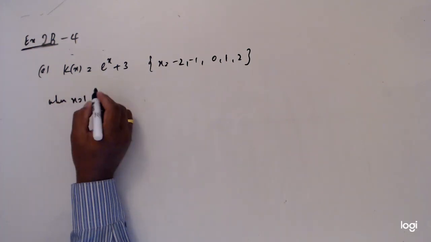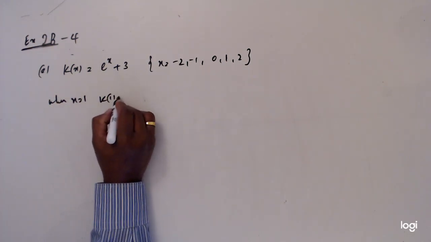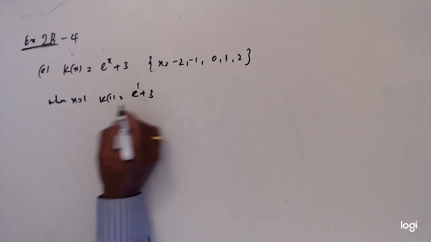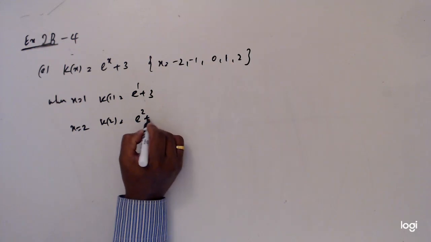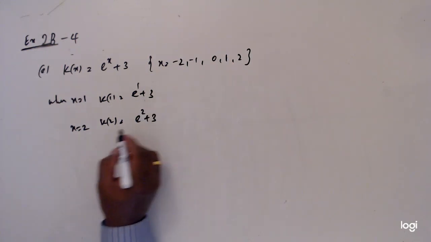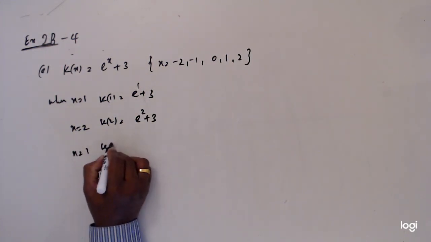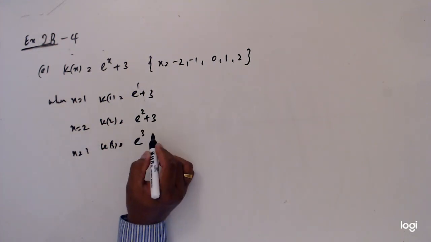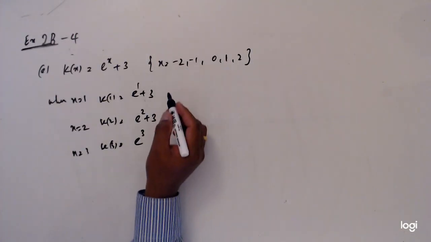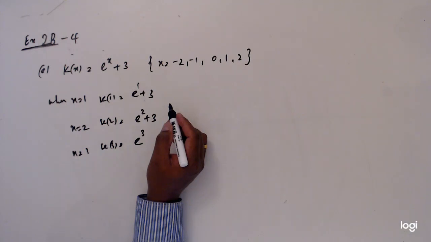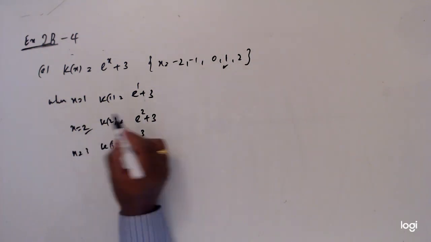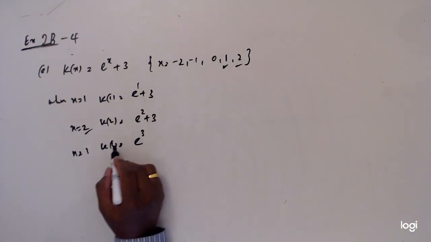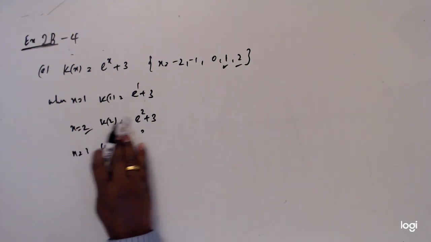When x equals 1, k(1) is e to the power 1 plus 3, x equals 2, k(2) is e to the power 2 plus 3, x equals 3, k(3) is e to the, okay, so 1 and 2, and there is no 3.